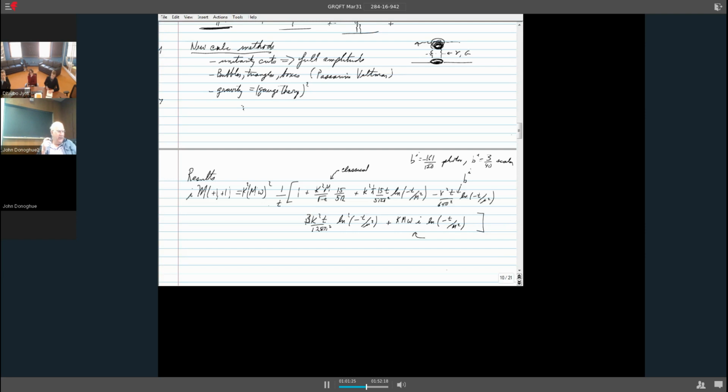Okay, and we're not quite done yet. There's also a plus a kappa squared T over 128 pi squared with a factor of 3 log squared. And we're not done yet.